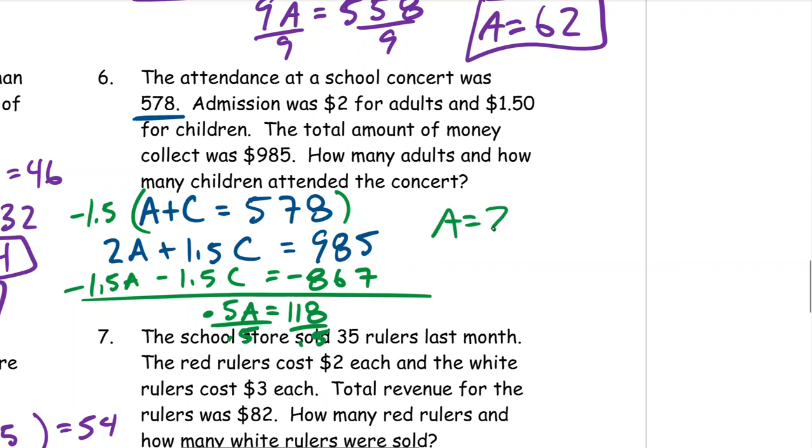So that's 236. So 236 adults, and that would mean 578 minus 236. 342.